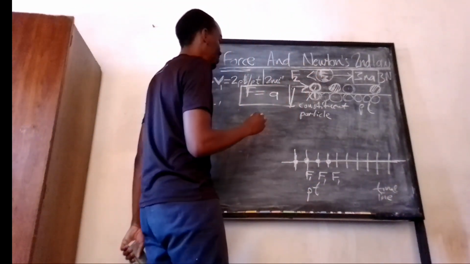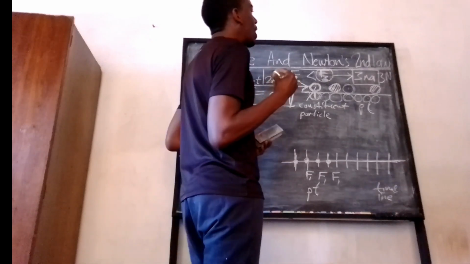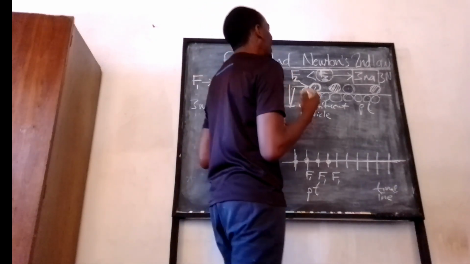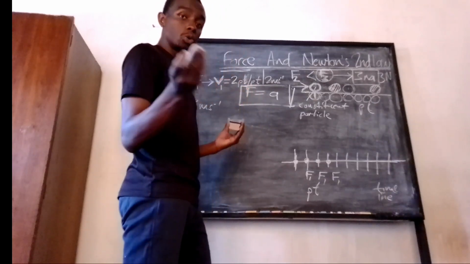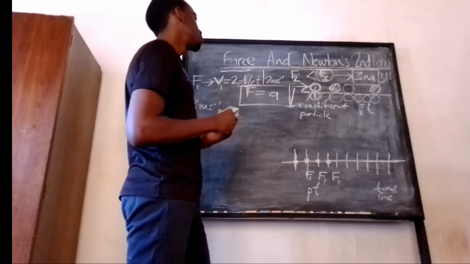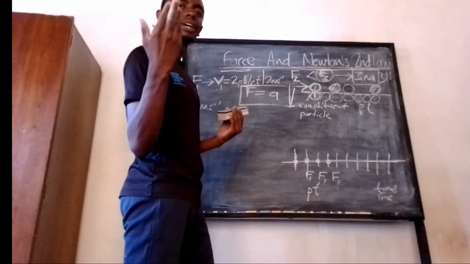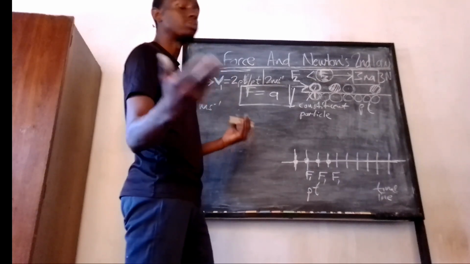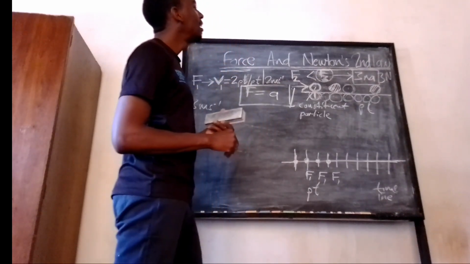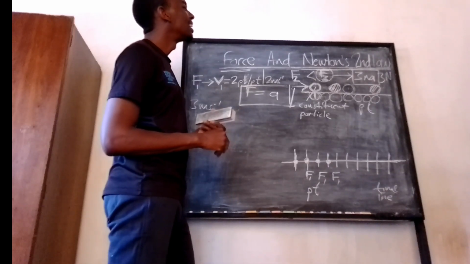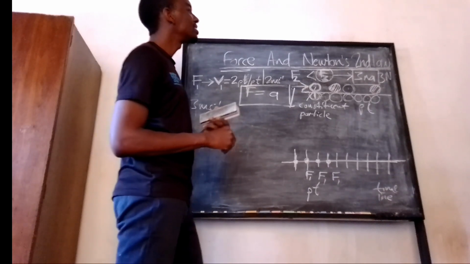Now, what we might do is, because we know cause is proportional to effect, we might introduce a constant of proportionality, if you will, and say, well, you know what?